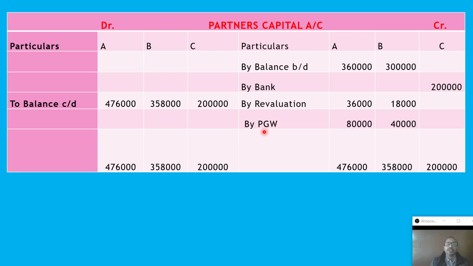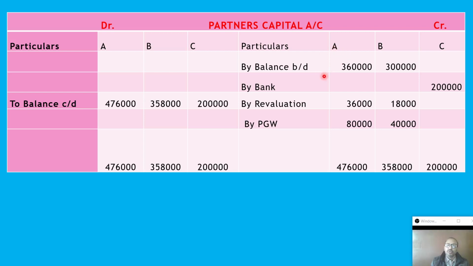If you want to increase a liability, you have to credit again. A credit nature item, if you credit again, automatically increases. So partners' capital is a liability as well as a personal account. Whenever any item comes on this side, it means their balance increases, their capital investment increases.